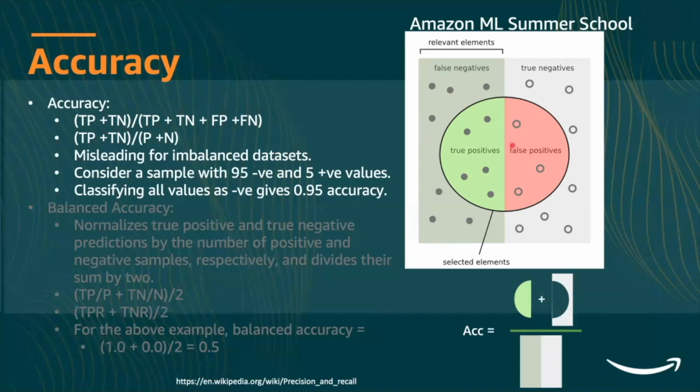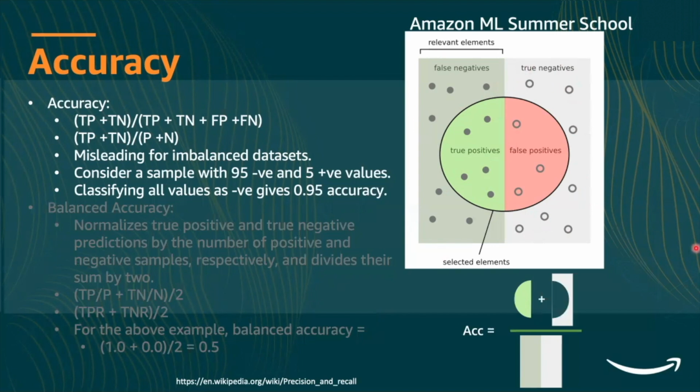The total correct predictions were this green block and this part of the square where the model has predicted the true negatives. So it's basically the sum of true positives plus true negatives divided by the total number of samples.